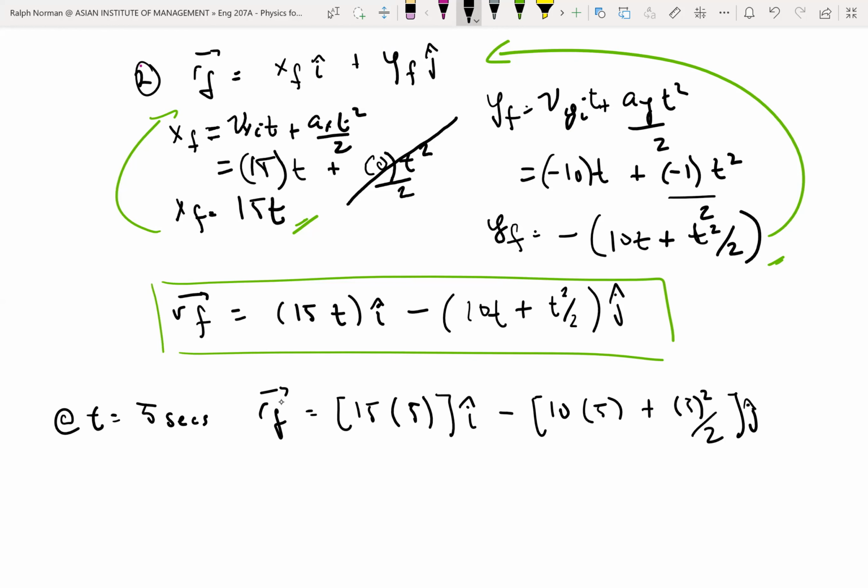You simplify that, you would get, I believe, 16.5. Okay.